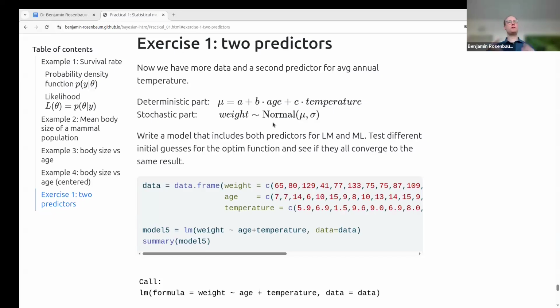However, try to do this for different initial values, right? So you always have to provide an initial guess, and try to check if they always give you the same solution, right? If you start at different locations in the space, if they all arrive at the same point. This would be a short exercise to go through the steps here again to check if you understood this correctly.